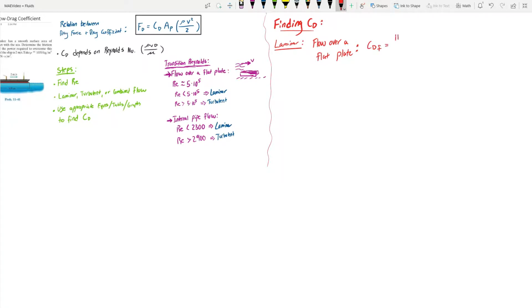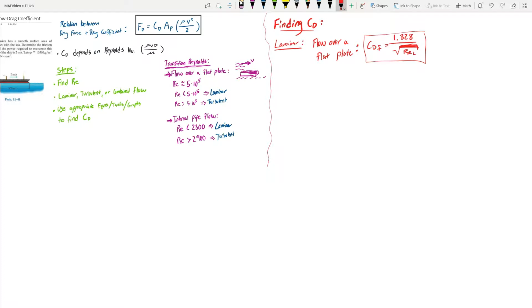The drag coefficient is 1.328 divided by the square root of the Reynolds number. Okay, so that's for flow over a flat plate.